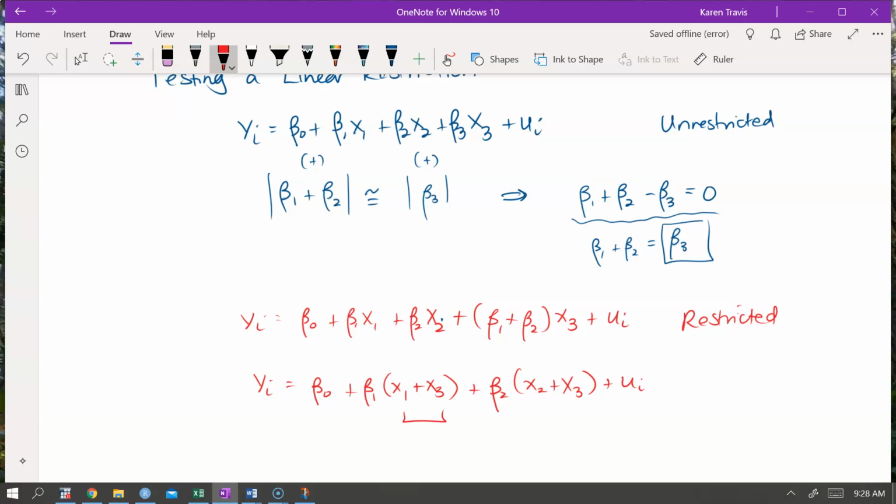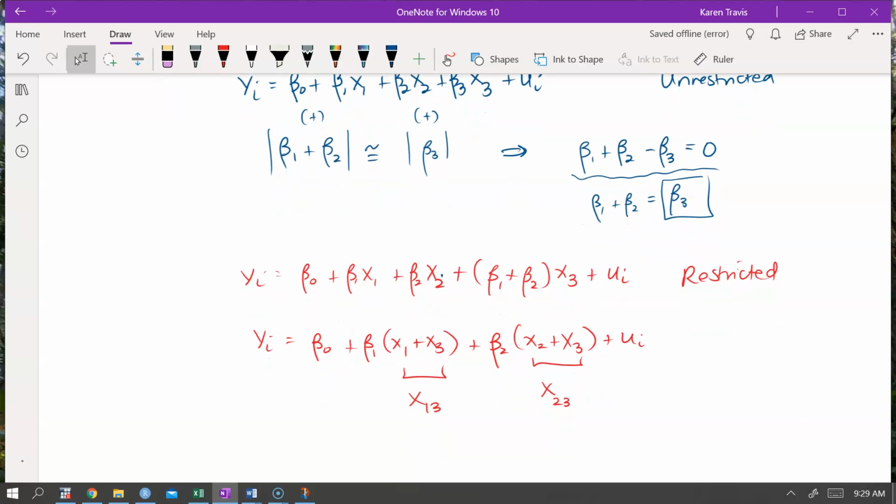So this is showing me how I would actually estimate the restricted model. I would just make a new variable, let's call it x13, and a new variable x23. I could either create new variables in R, or I can type in the equation in R to estimate it with the sum. But after this is estimated, you notice there was one restriction.